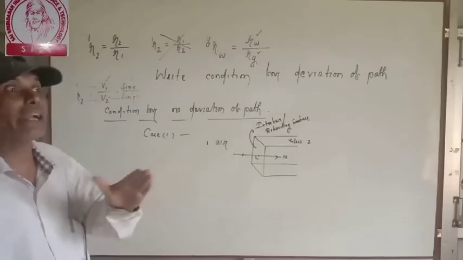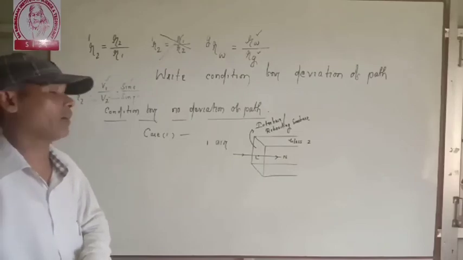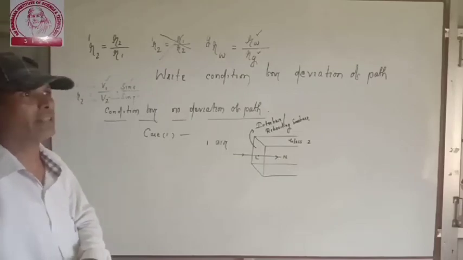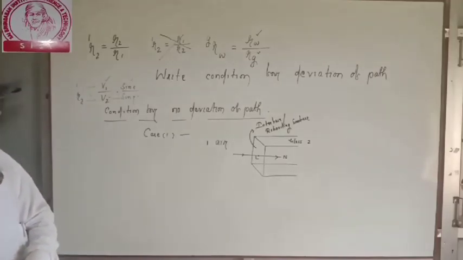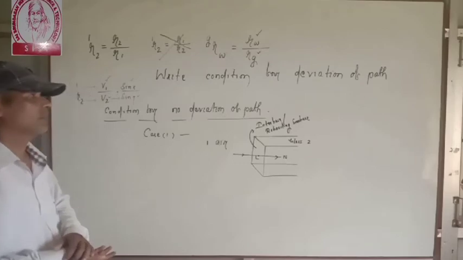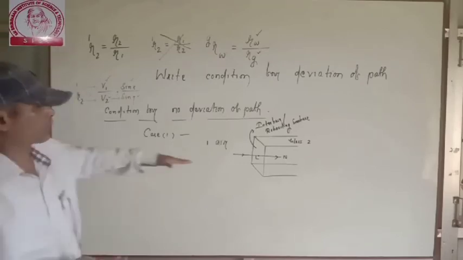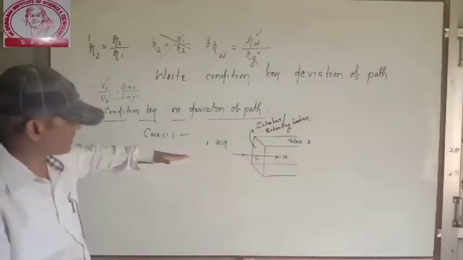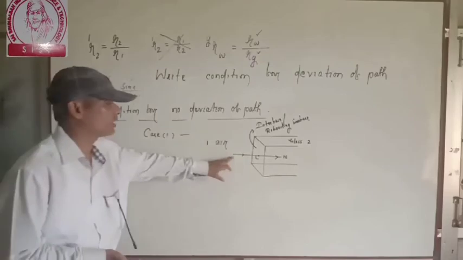If I and R are not equal, then how can we say that the ray propagates straight away? But in this condition, the ray propagates straight away, making 0 degree with the normal.